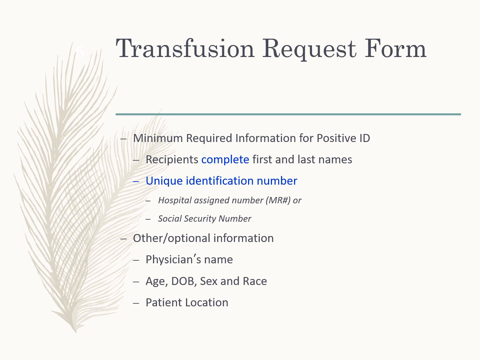No test can be performed without a physician's order. So that is not optional. Before we do any testing, we have to make sure a physician has actually ordered the test. So you can include any additional information like age, date of birth, sex, race. Those may be helpful, but those are not necessary. And then patient location. If you're in a hospital, it may have the room number.